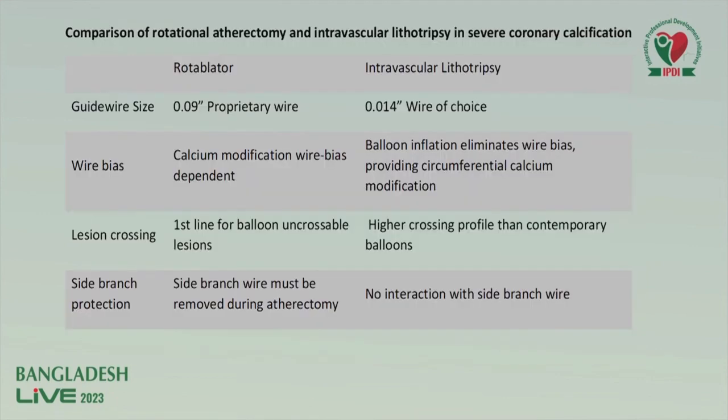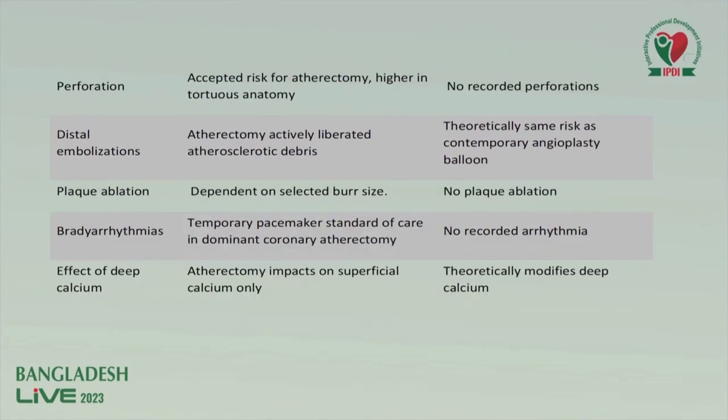There are some comparisons between rotablation and intravascular lithotripsy. There may be wire bias in the case of the rotablator, and in the case of intravascular lithotripsy we can put a wire in the side branch also. But in rotational atherectomy, the side branch wire must be removed during atherectomy.